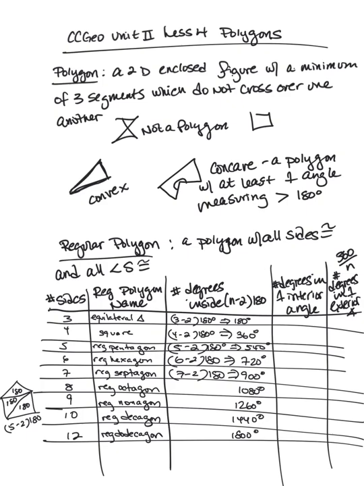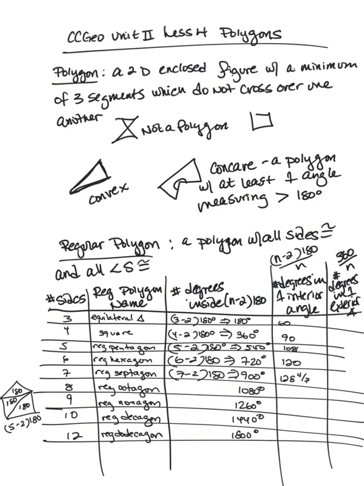One interior angle, you would take the previous formula, n minus 2 times 180, and divide it by n. So I would take 180, I would divide it by 3. So 60 degrees, right? 90 degrees, 108 degrees, because I would divide 540 by 5. 720 divided by 6. 900 divided by 7, you get the idea.